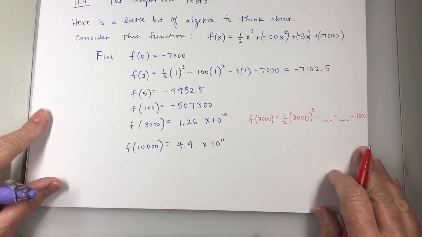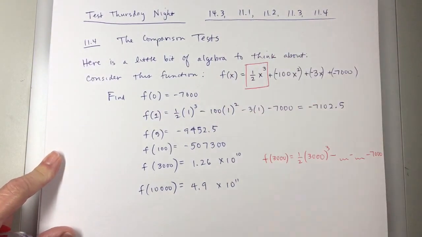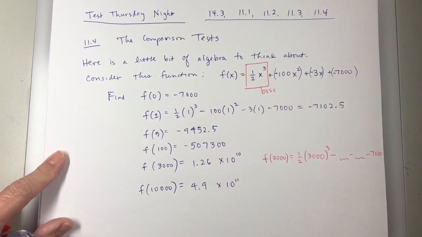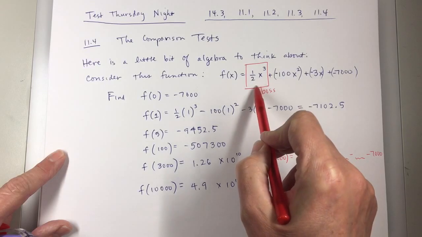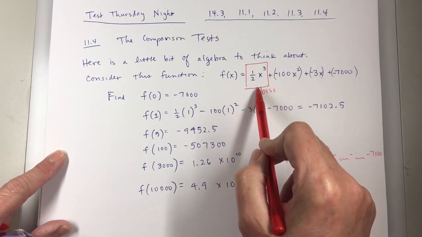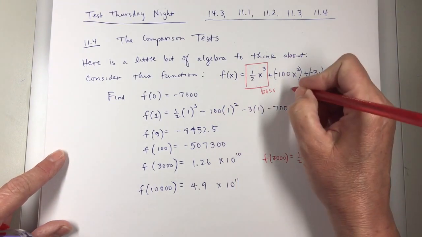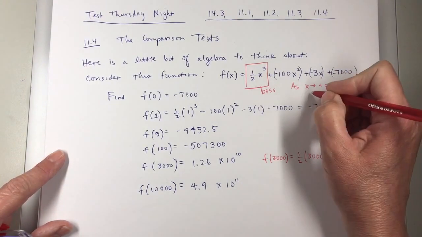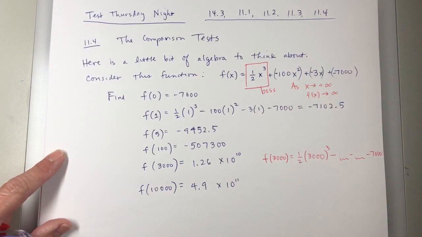So what I'm looking at on this problem is that this term right here, kind of the boss. As x goes to infinity, this term will determine what's going on with this problem. That is going to positive infinity. So as x goes to positive infinity, f of x is going to positive infinity.